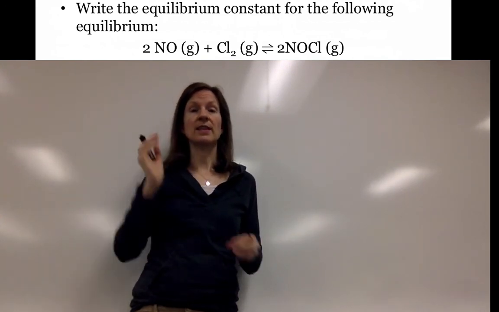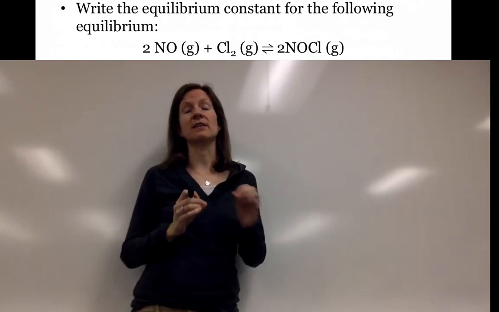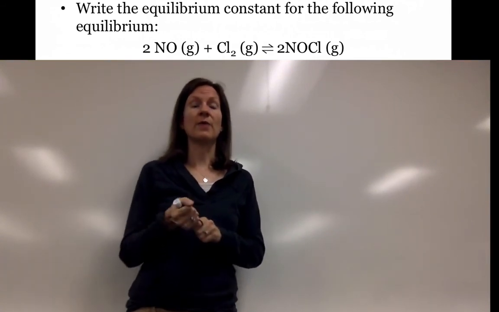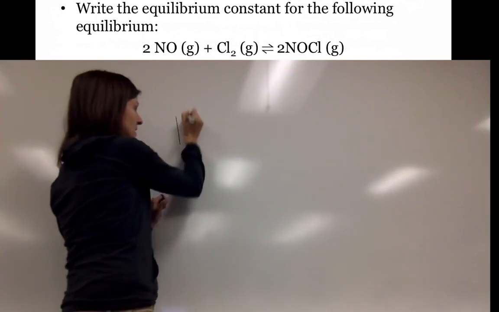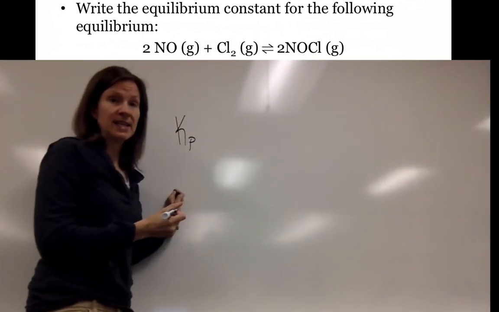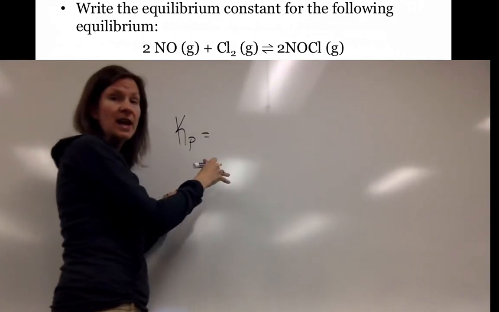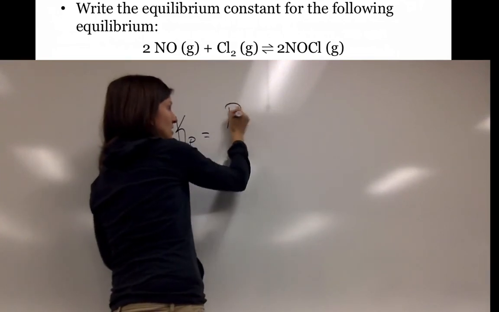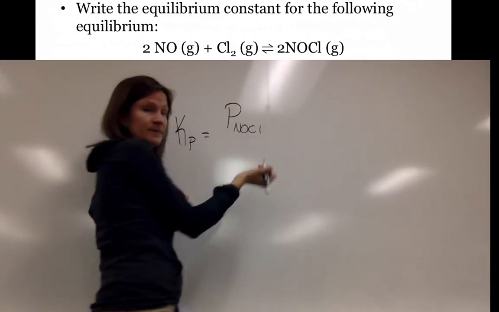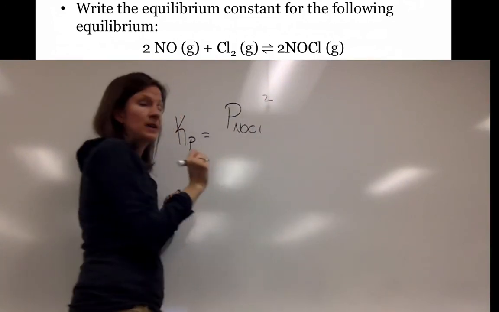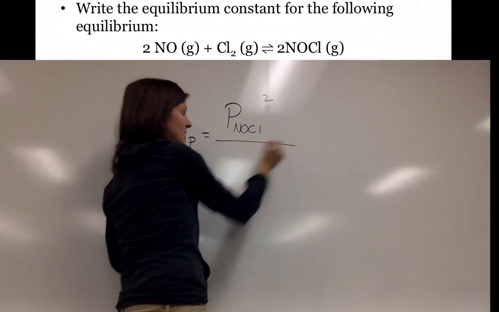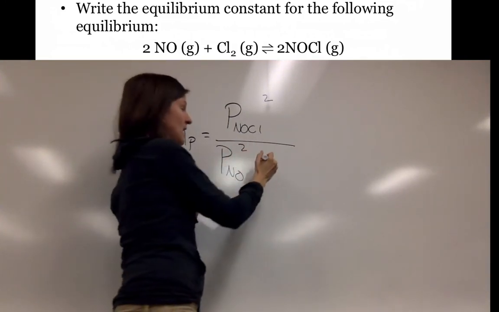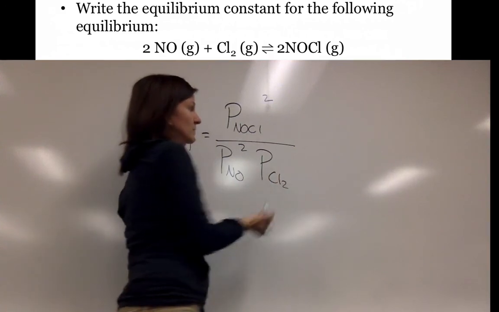And so if I wanted to write the equilibrium constant, and I would specifically say the equilibrium constant related to pressure for you guys, like on a test or whatever, what that would look like is it would be a Kp instead of a Kc, and then it's still products over reactants, but again, instead of the concentration of NOCl, it'd be the pressure of NOCl, and I would still square that because of its coefficient, and that would be divided by the pressure of NO, and that would be squared, and I'd multiply that by the pressure of Cl2.